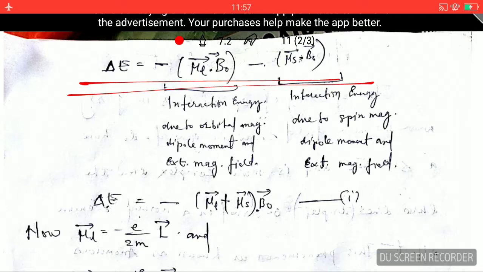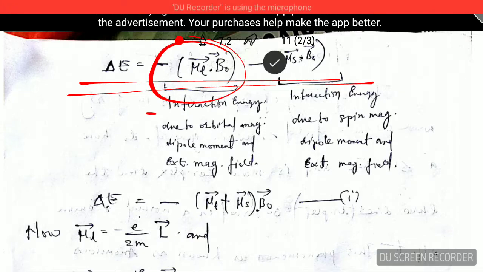How this formula came about is quite easy to understand. This is the potential energy, which is called the interaction energy.